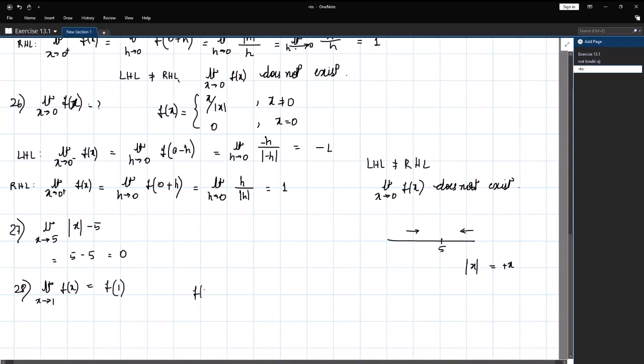So f of x is defined as f of x is equal to a plus bx if x is less than 1. It is 4 if x is equal to 1, and b minus ax if x is greater than 1. So f of 1 is nothing but 4. So this is the question. What we have to find is the value of a and b.